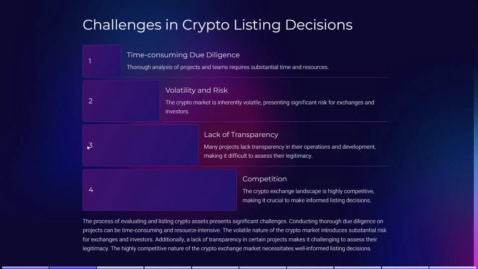Conducting very thorough due diligence on these projects can be very time consuming and uses up a lot of resources. And the volatility, not to mention the lack of transparency, all pose challenges for crypto firms to do a very thorough analysis of the projects, which is why we do need this AI model in place to help us make really informed decisions.